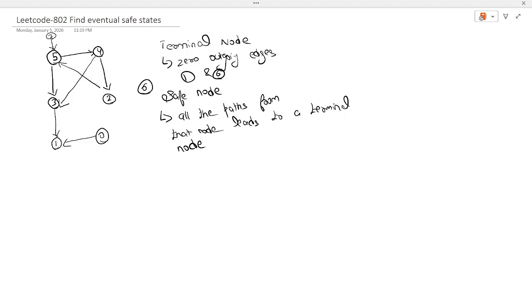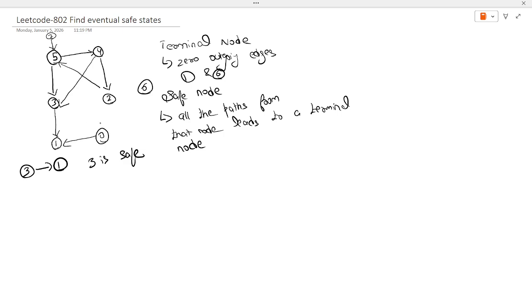So let us find out all the safe nodes in this graph. For example, if I consider 3, first we will find all the paths starting from the node 3. 3 has only one outgoing edge and that leads to 1. And 1 is a terminal node. Therefore, we can say that 3 is a safe node.